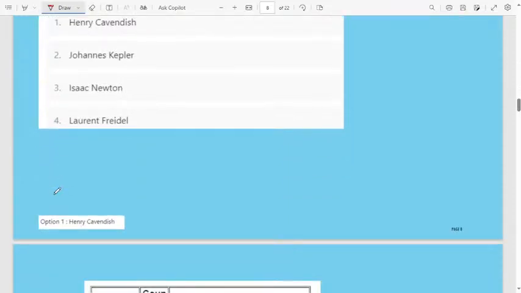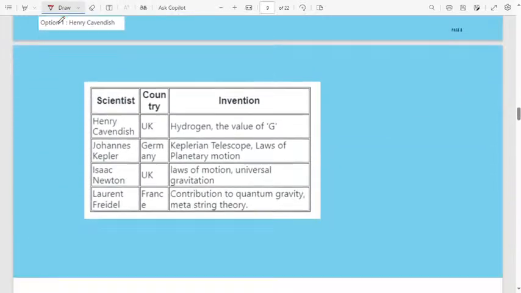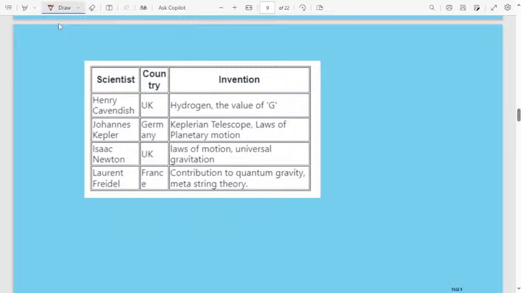The correct answer is first option Henry Cavendish. Remember, here I have given the scientists' names and what they invented, I have given the list. Please go through that. Maybe in the exam they may ask any one out of the 4. First Henry Cavendish, UK, invention hydrogen and also the value of G. John Kepler, Germany, Keplerian telescope, laws of planetary motion.